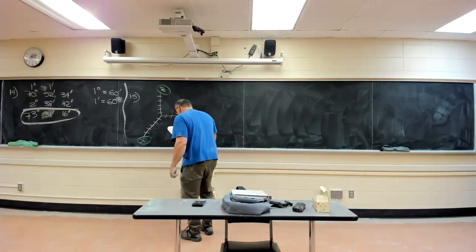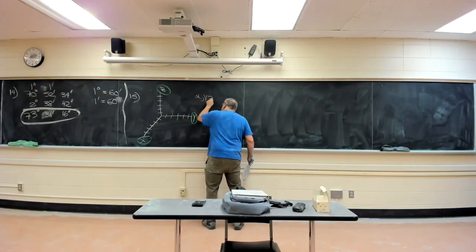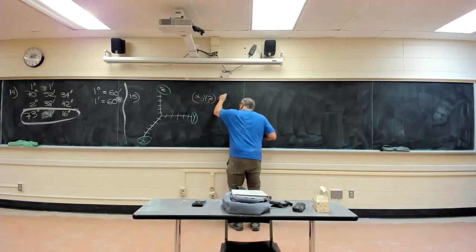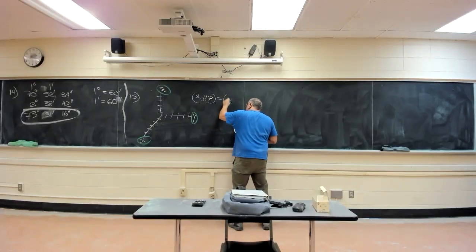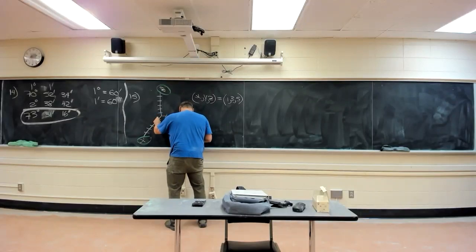And can you graph 1, 3, 5? It's of the form x, y, z. It's an ordered triple. It's 1, 3, 5. Here's 1. Here's 3. And it comes up to here.